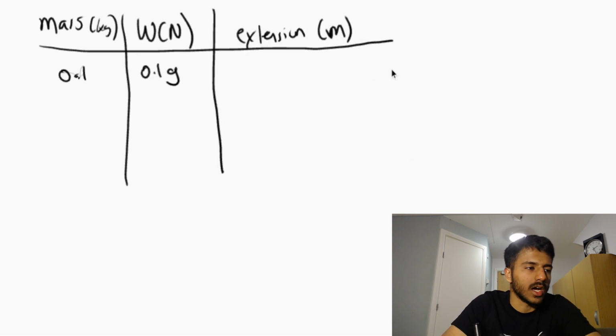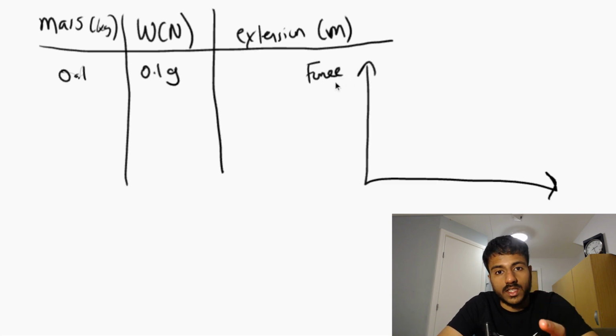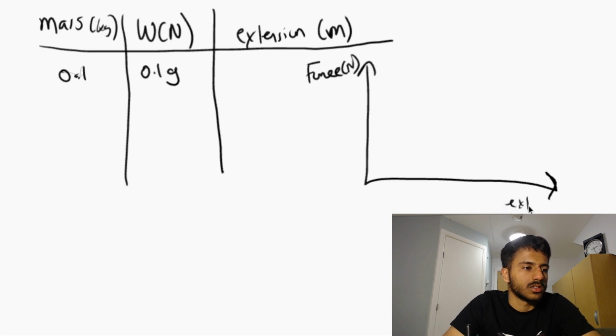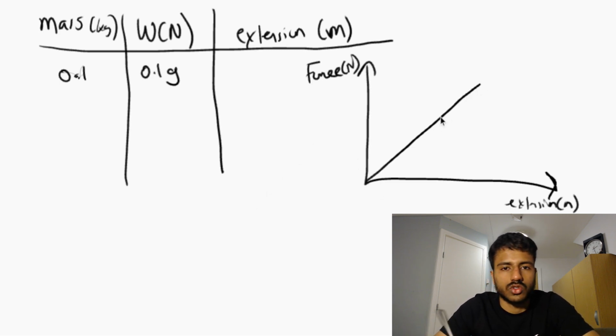So what you can do is you can now plot a graph with force on the y-axis, which is going to be your weight, and you can plot extension on the x-axis. And you should see that if you draw a graph, you'll get a graph that has a straight line and goes through the origin.